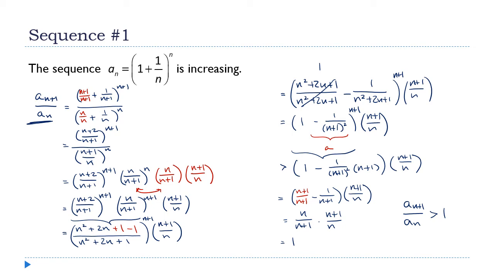That's fair, I can do that because a sub n is always positive, so I don't have to worry about the direction of the inequality. So this means a sub n+1 is greater than a sub n for all n. That's what I needed to show, that a sub n is an increasing sequence.